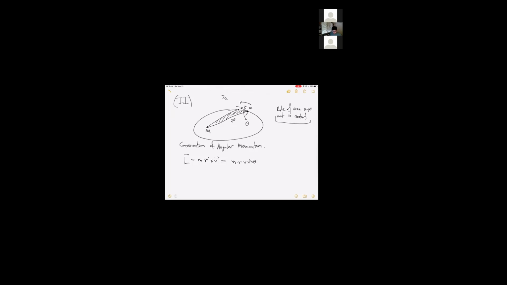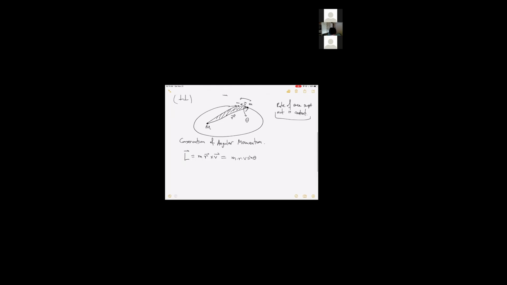Okay, let's prove this. So the idea in this proof is the following. Let's say we have our mass here, and let's say we have our object at position vector r.